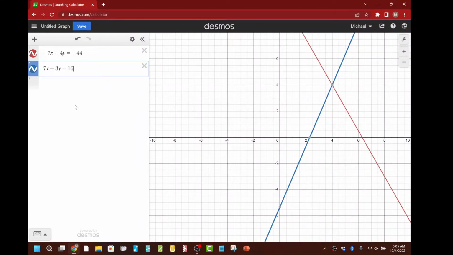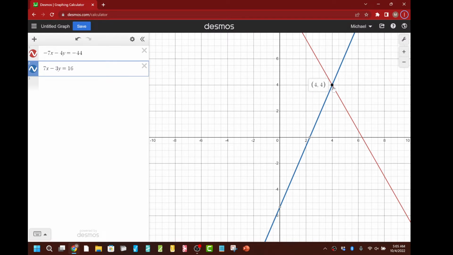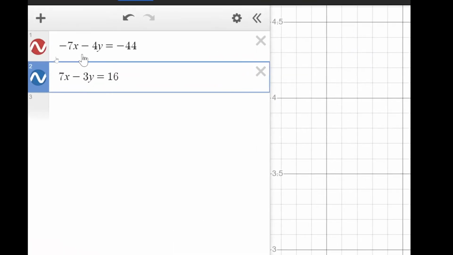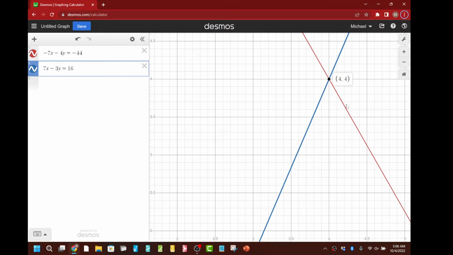Okay, so here we are looking at both of these equations graphed, and when you hover over the intersection point, you see that indeed they intersect at 4, 4. So that's another verification that you're correct, and it also provides you that visual understanding of these two linear equations as a system merely mean two lines that cross somewhere, okay?